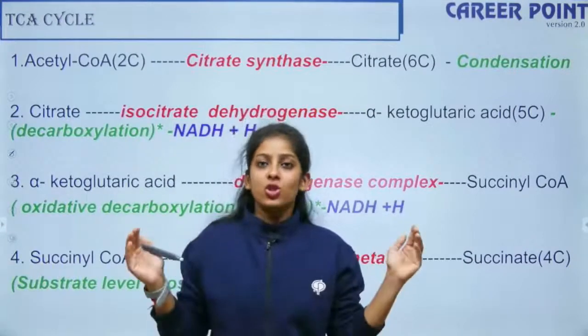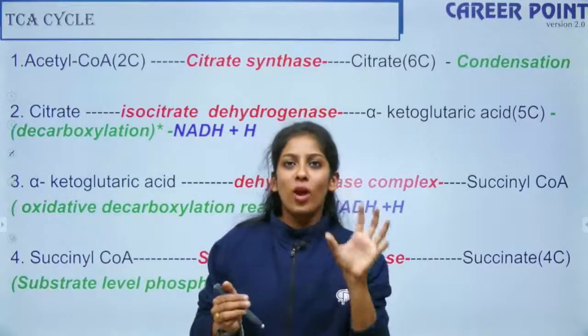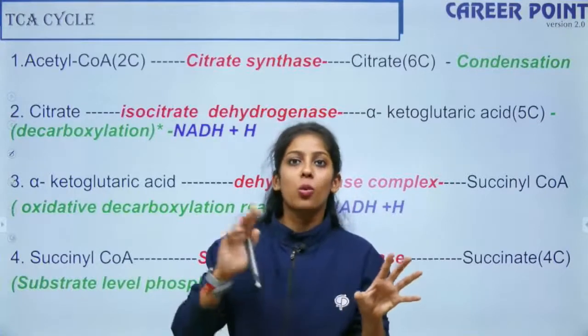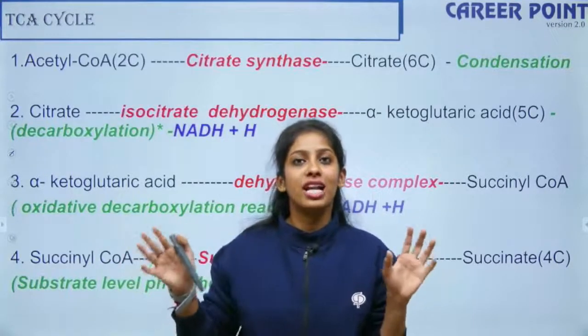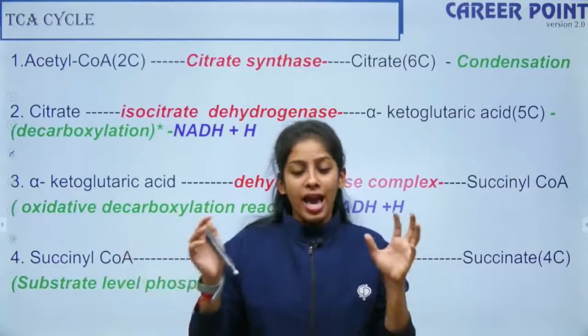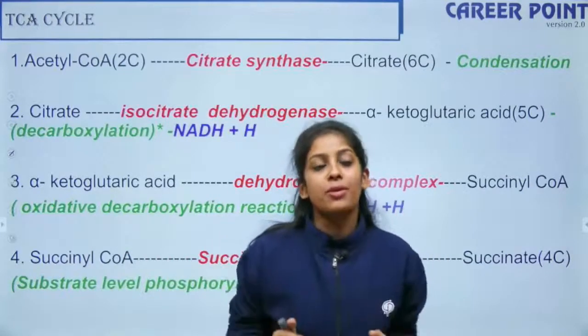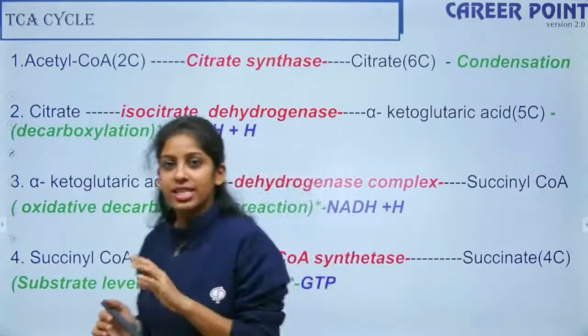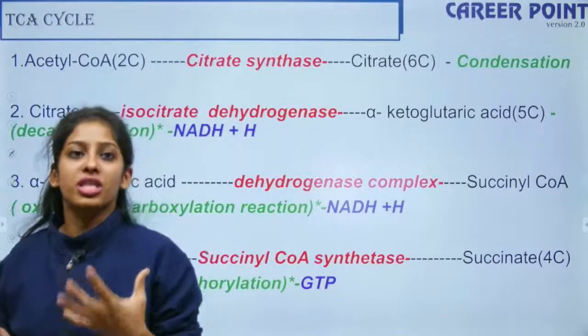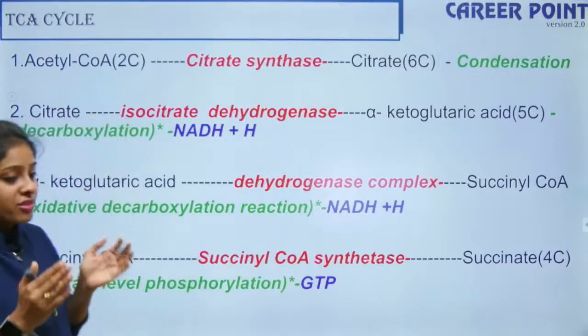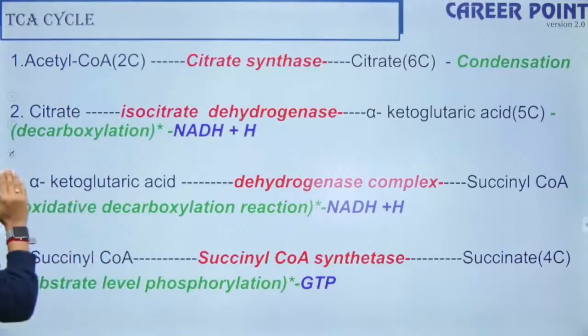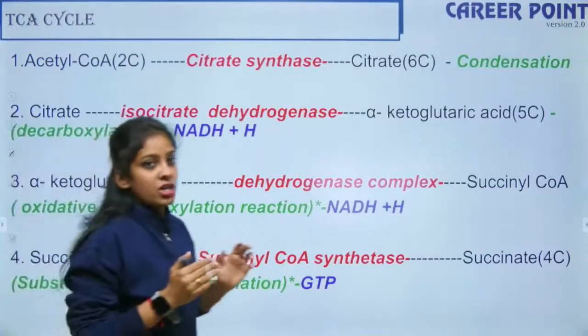It enters what is called the link reaction, wherein the pyruvate molecules are converted into acetyl-CoA, in the presence of the pyruvate dehydrogenase enzyme. It is a type of oxidative decarboxylation. After that, your acetyl-CoA enters into this TCA cycle.